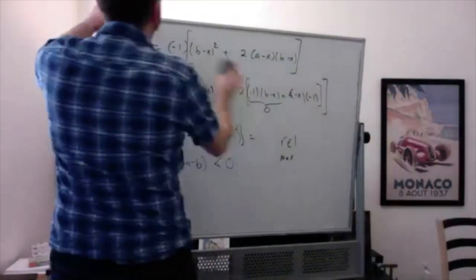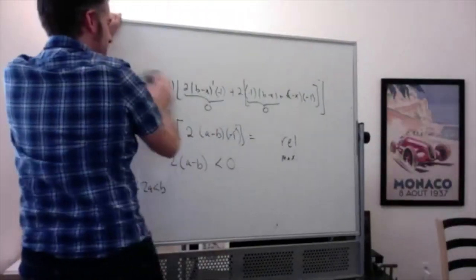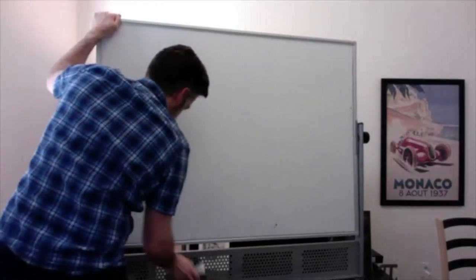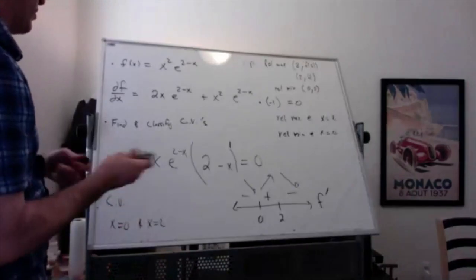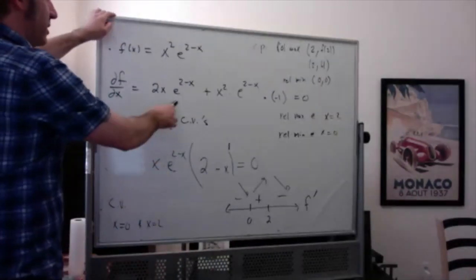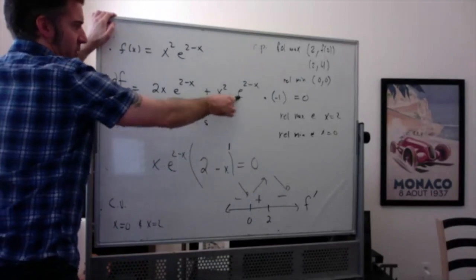Here's my piece of advice for finding the second derivative. So my first derivative, I'm going to write it both ways. So here's my first derivative. I'm going to write it as 2x e to the 2 minus x minus x squared e to the 2 minus x.